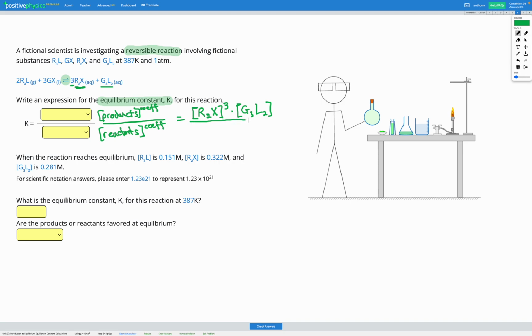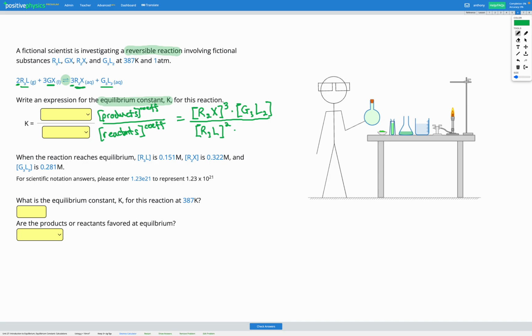Now in our reactants, we've got R3L in gas form. Aqueous or gas, those are allowed in our K equation. So this is going to show up. So we've got R3L. And it's going to be to the power of the coefficient. The coefficient here is 2. So that's going to be squared. Multiplied by our other reactant. Now here we've got GX, but it's a liquid.